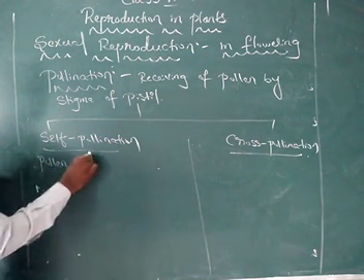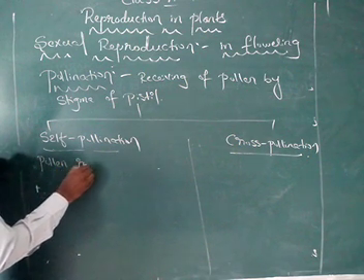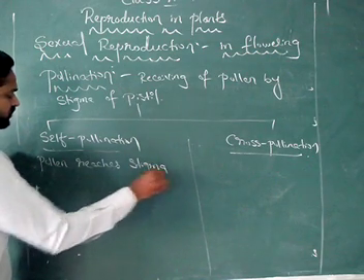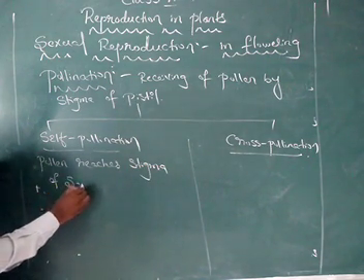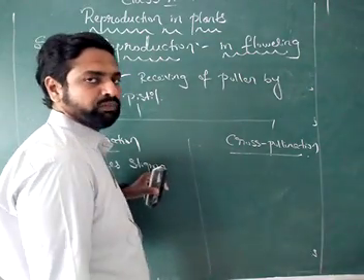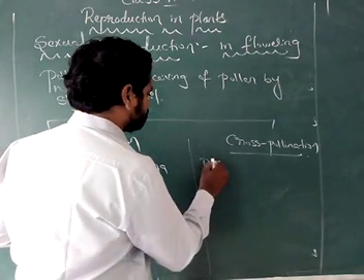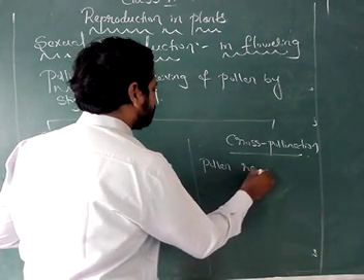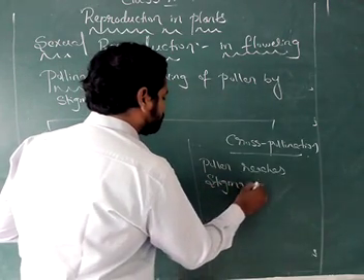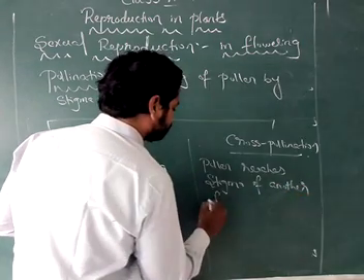The pollen reaches the stigma of the same flower. Next, cross-pollination means the pollen reaches the stigma of another flower.